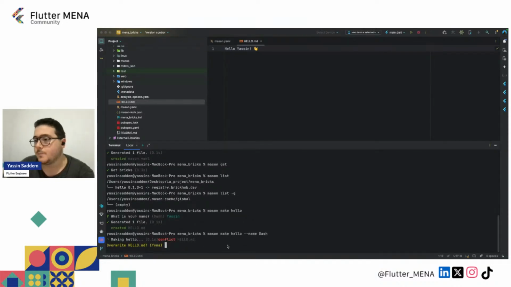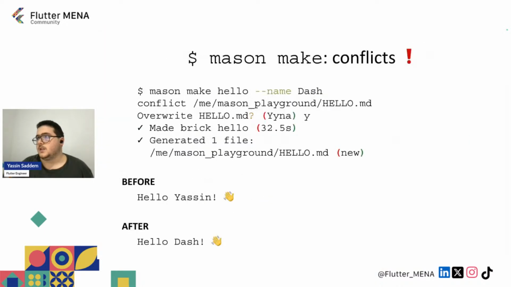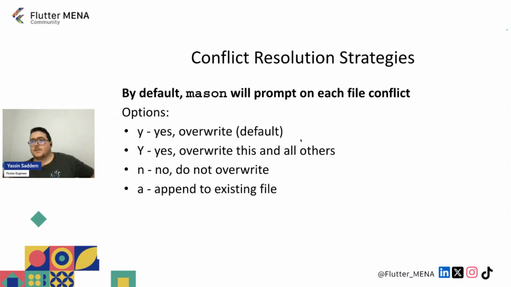Here there is a conflict: overwrite hello.md. Of course, we are executing in the same location with the same file name, different content. So it asks us if we want to overwrite this file. There are four options: the big Y, the small y, N, and A. So we can go back to the presentation.